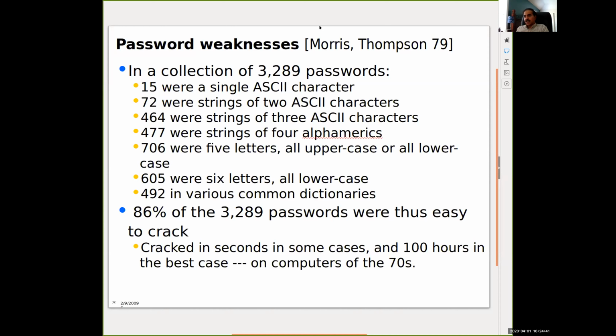The attacker simply enumerates the passwords and then checks whether any of the tried passwords match the hash in the password file, and if they do, well, now they know that they have found a password.